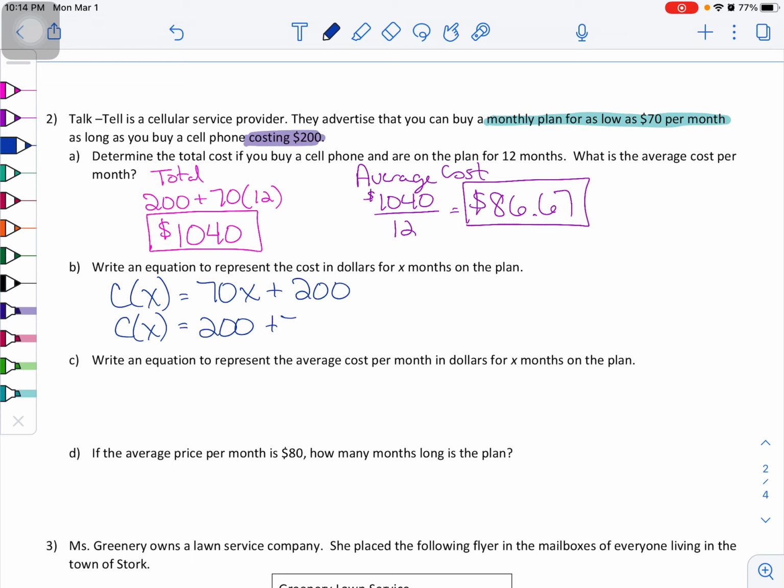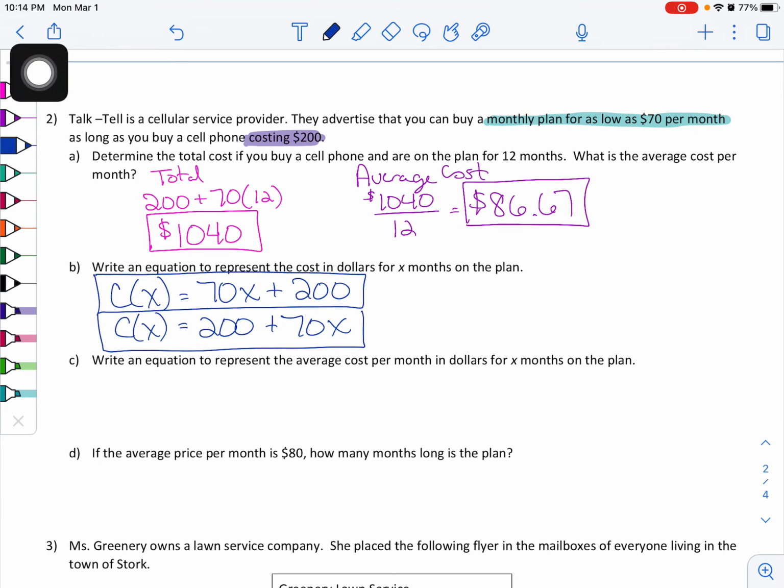Now, if you wrote down C of X or whatever your equation is, you could use Y. So something is equal to 200, that's the cost of the phone, plus $70 per month. You've written the exact same equation. Remember, the order that you add doesn't matter. So if these two pieces of the expression are reversed, you have the same answer. So no worries, whichever way you write it.